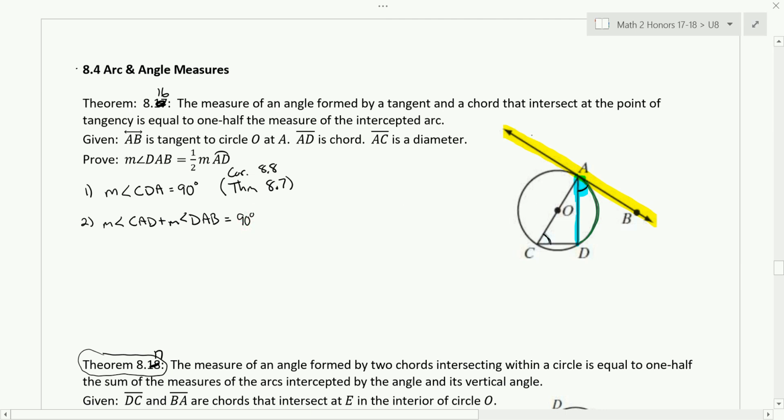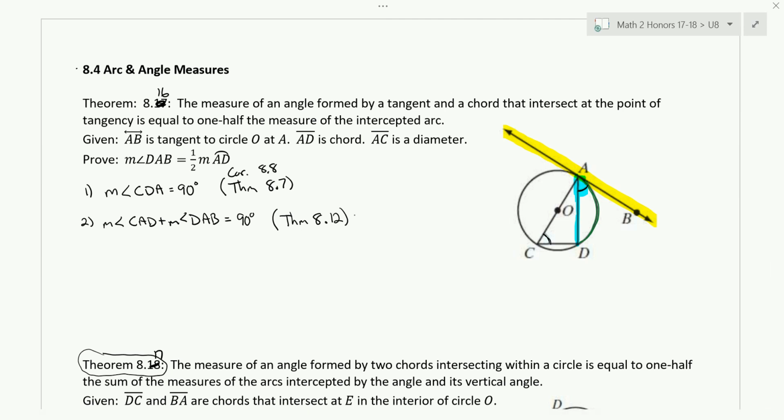Okay, good. We have a tangent to the circle, and OA is a radius, and we have a theorem from last time that the radius is always perpendicular to that tangent. What theorem was that if you look back? 8.12? Okay.